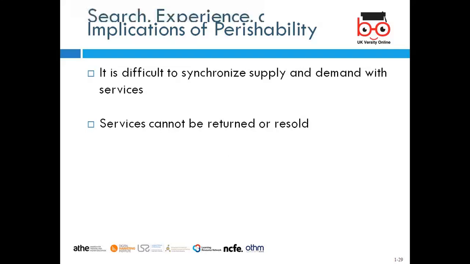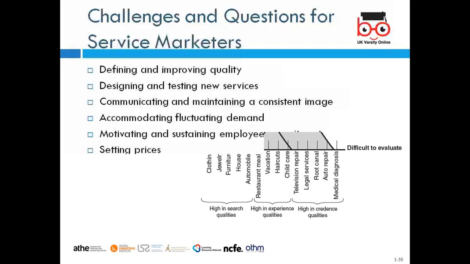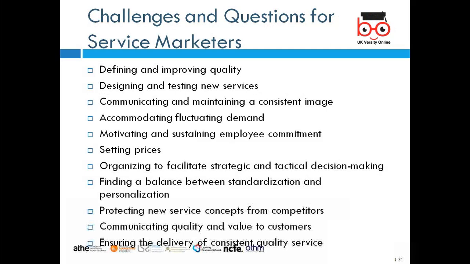So the last impression could be a first impression as well. So we need to focus on the quality of goods and services. We need to look at how we can define and improve quality, designing and testing new services, communicating, maintaining, accommodating fluctuating demand. All these we need to focus on.